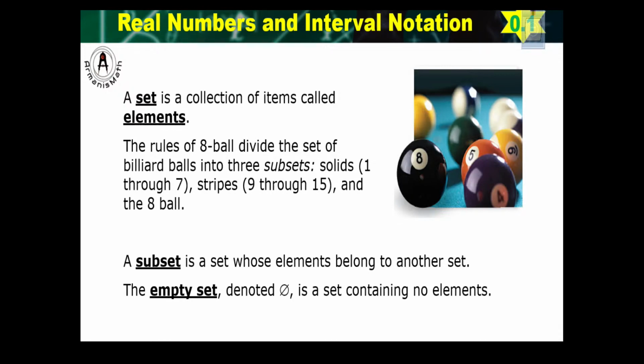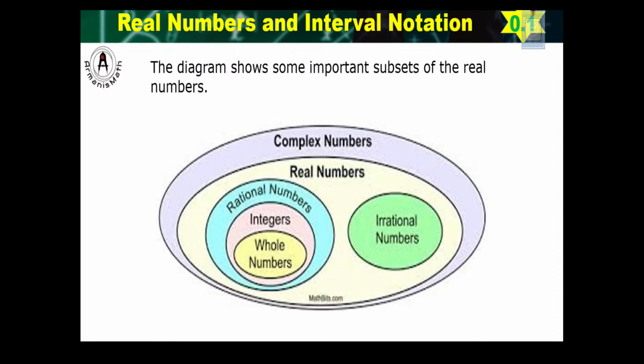A subset is a set whose elements belong to another set, just like the closet you have on your shelves. One is obviously a subset of the bigger closet. The empty set is a set that has nothing in it, no elements, and it's denoted by the phi symbol in Greek, or the 0 with the dash through it. We talked about this one.